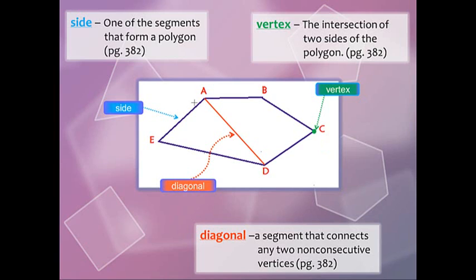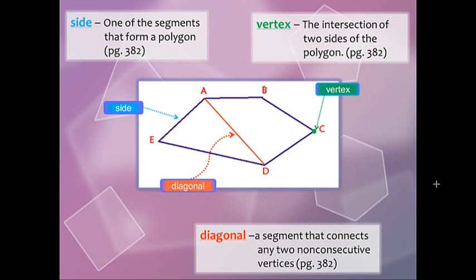So here I have a segment connecting vertex A and vertex D. These are not next to each other, so they're non-consecutive, so that would be called a diagonal. Another diagonal would be segment AC. We could also have a diagonal from B to E or B to D. Okay, so these are segments that connect vertices that are not next to each other.